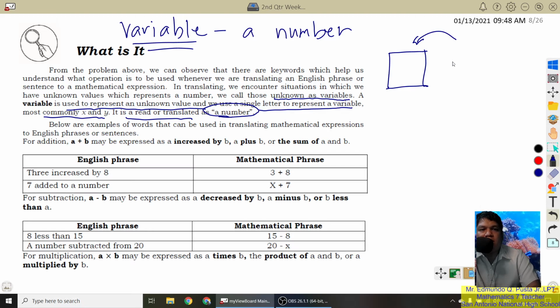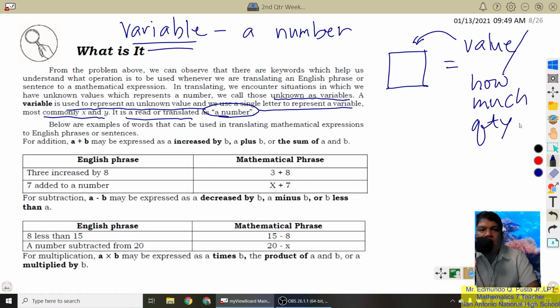So, what's inside the box is the value, or how much the quantity is. So, for instance, we have 4 boxes and we don't know what's inside the box. Therefore, we cannot conclude the quantity.